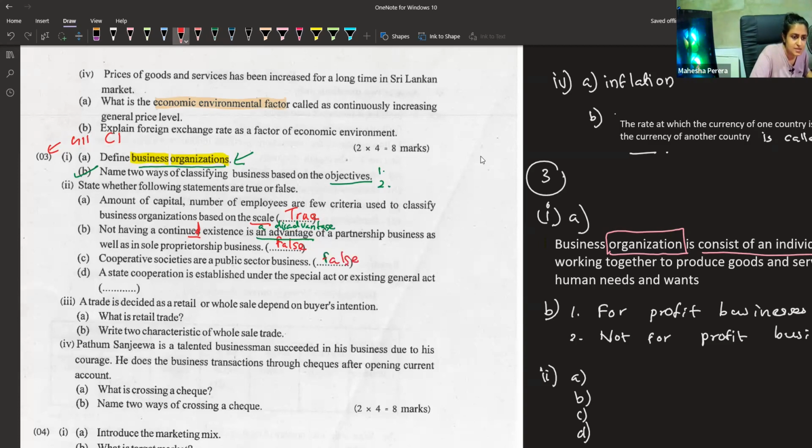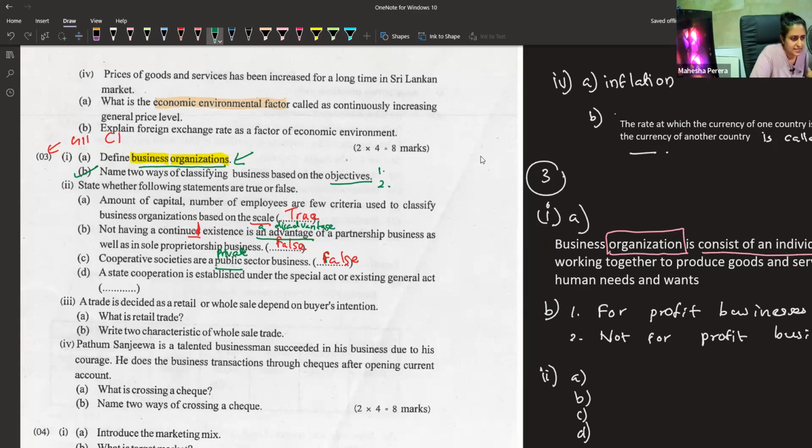If you change the word public to private, the statement is correct. Many children think this belongs to the government, but that's wrong. Cooperative societies are private sector businesses. They are owned by individuals and groups of individuals.